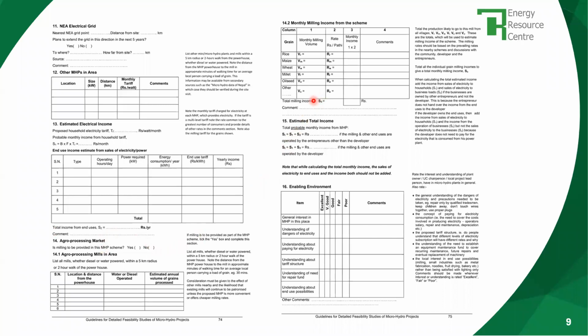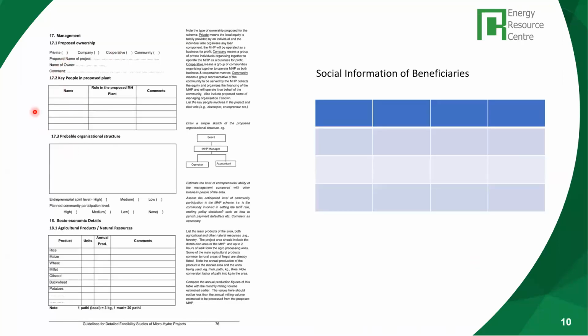And then we come to the enabling environment. When you talk about the enabling environment, the understanding of the local communities. Is there ownership? Is it demand driven? So this will help the success of this mini hydro project. And then we look at the proposed management of the mini hydro project when it is developed.